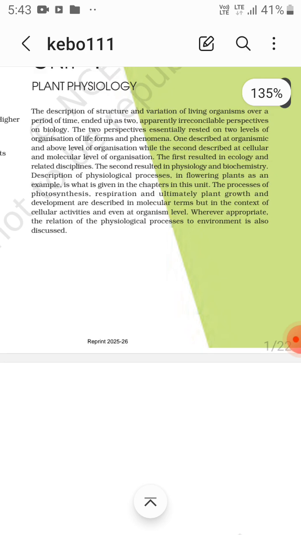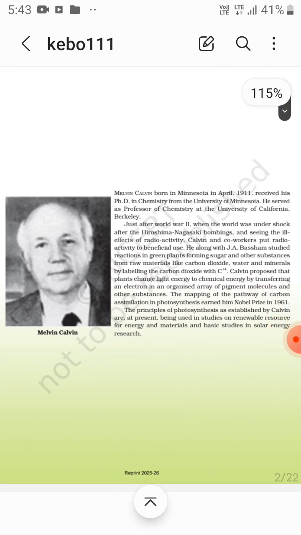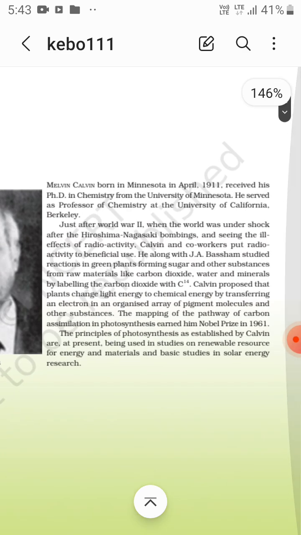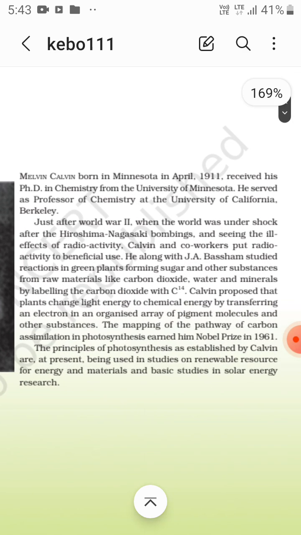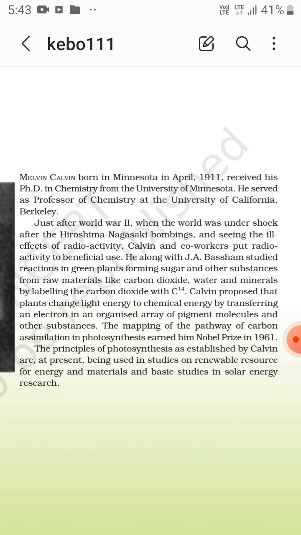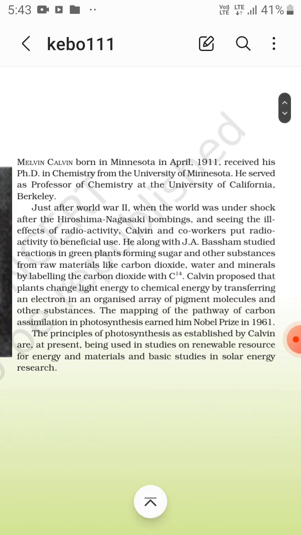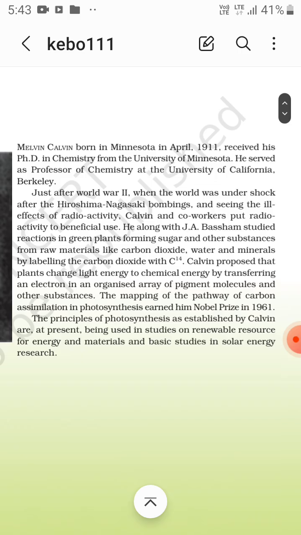Now this is Melvin Calvin. What he did, using C14, the radioactive carbon dioxide, he proposed that plants change light energy to chemical energy by transferring an electron in an organized array of pigment molecules and other substances.